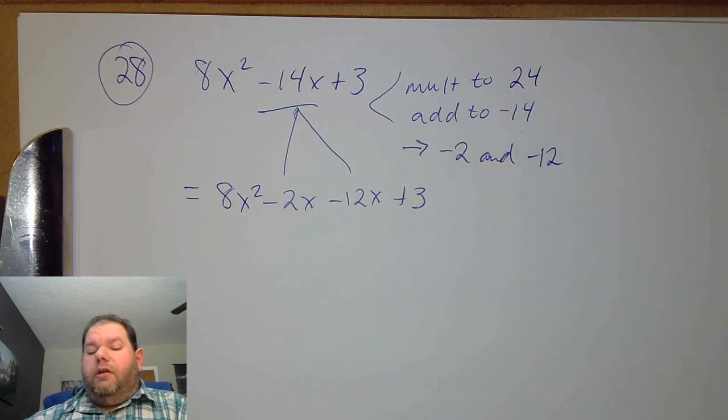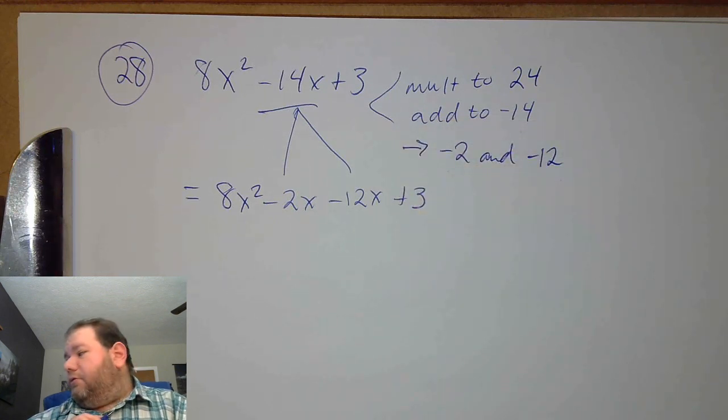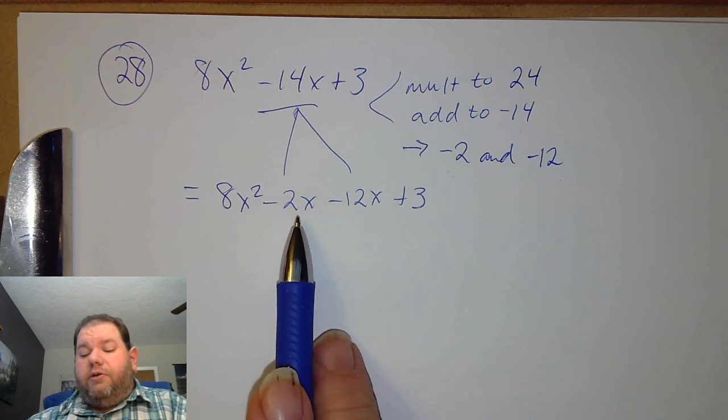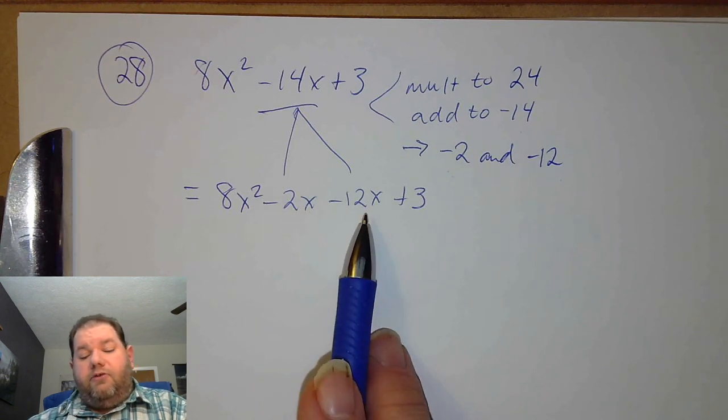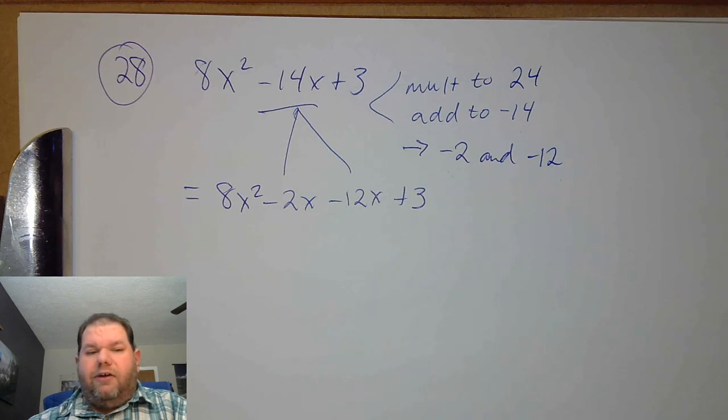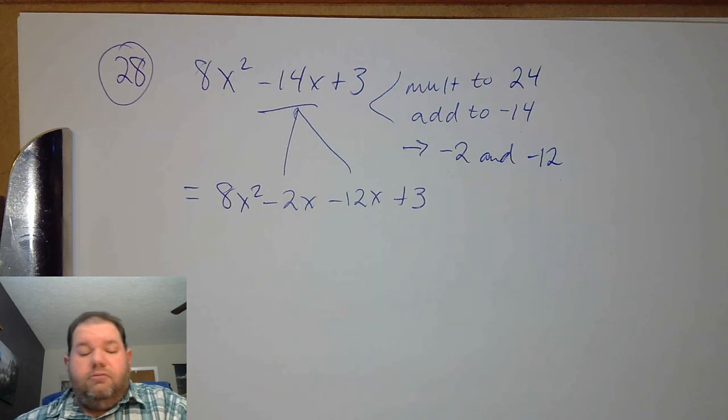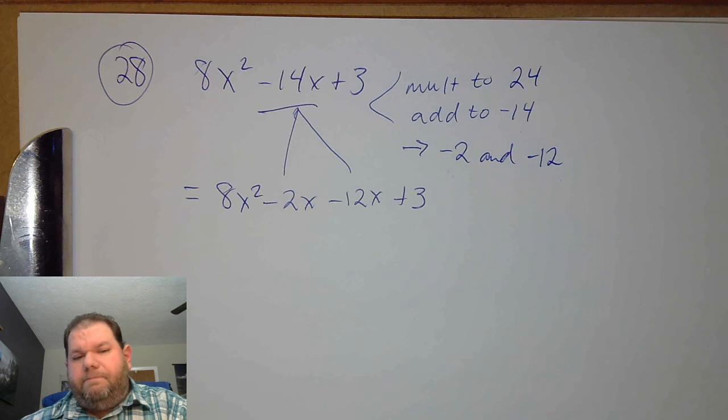Now, one thing you may be wondering is how do we know to put the minus 2x first and the minus 12x second? Turns out we don't. If we switch those, we should end up with the same solution at the end. The paths will be slightly different, but the destination will be the same.